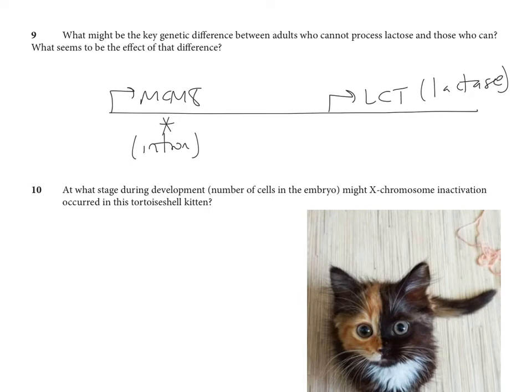And this mutation in the intron of MCM8 seems to create an enhancer sequence, or at least improve an enhancer sequence, so that an enhancer protein will bind there in adults and positively interact with LCT, lactase, to continue its production into adulthood.